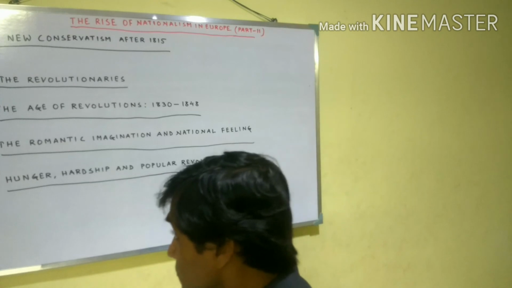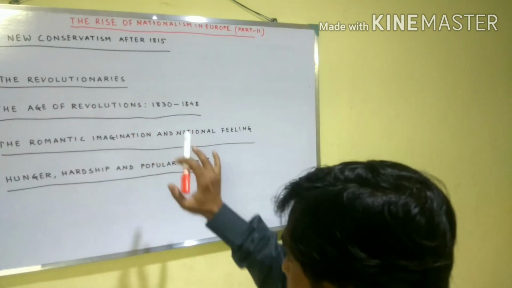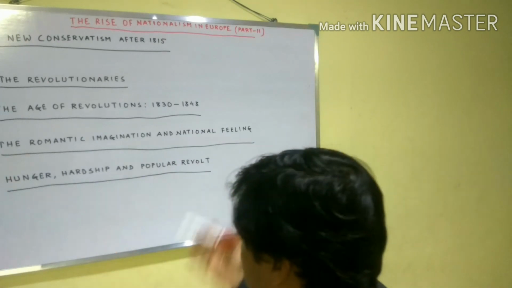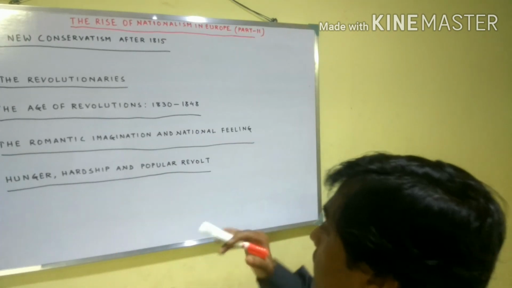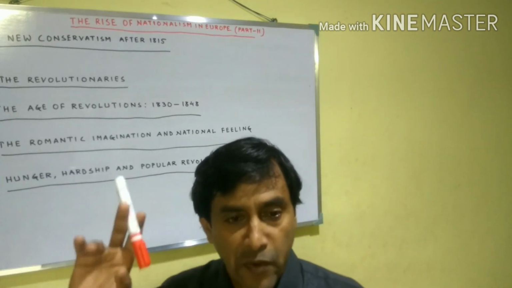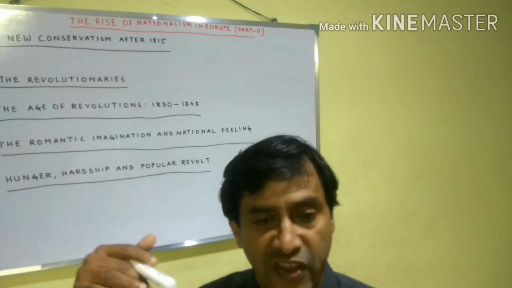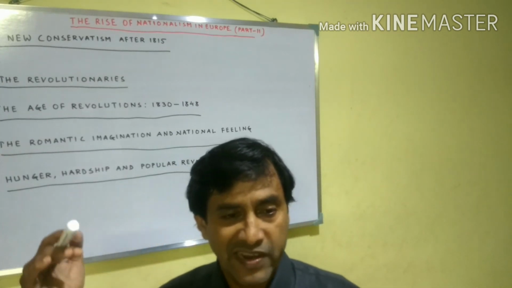Now, students, we have discussed subtopics 6, 7, 8, 9, 10. From these subtopics, these are the important questions that may come in the examination. Number 1, when was the Treaty of Vienna signed? What were its provisions?